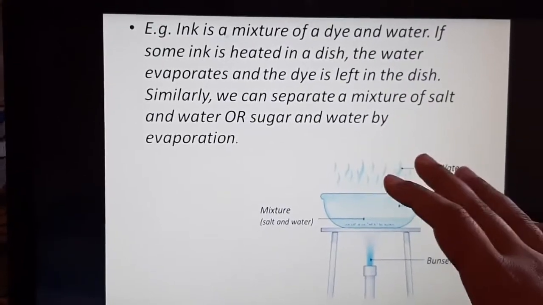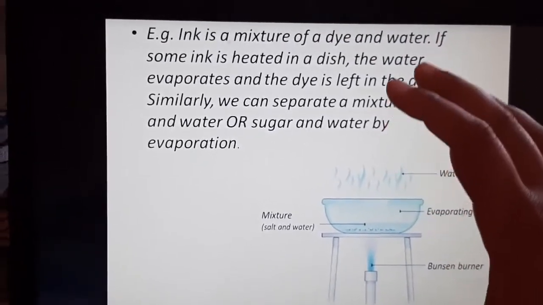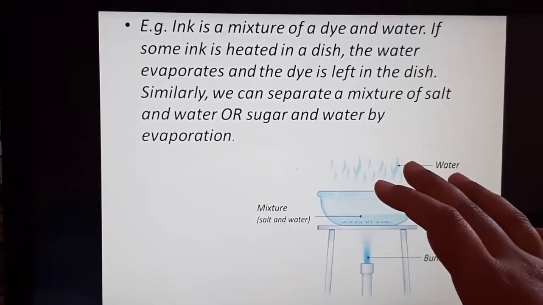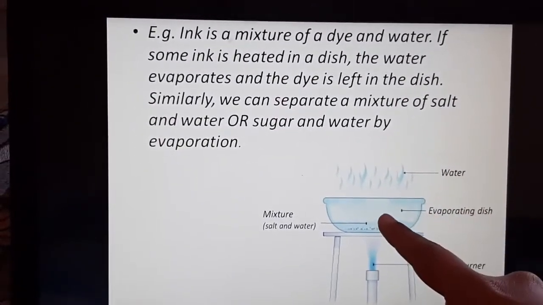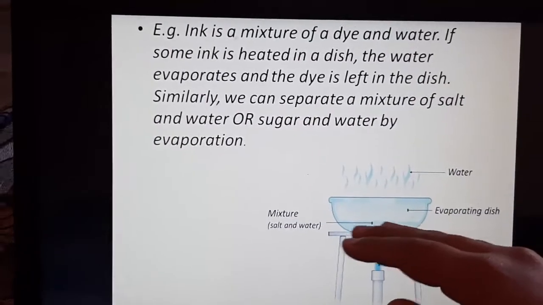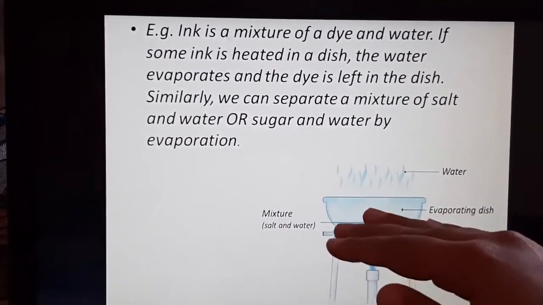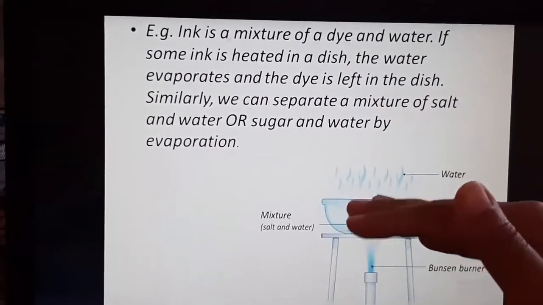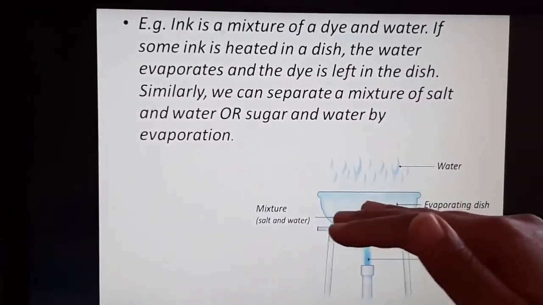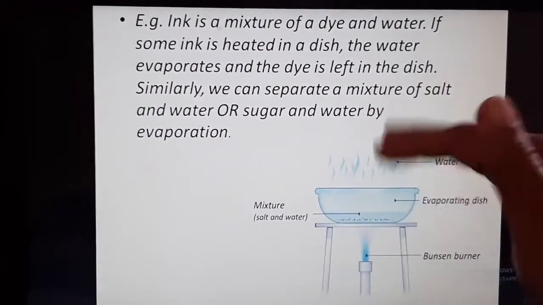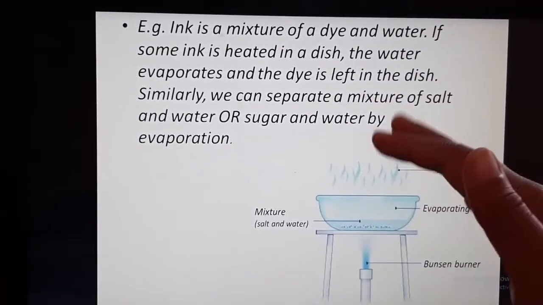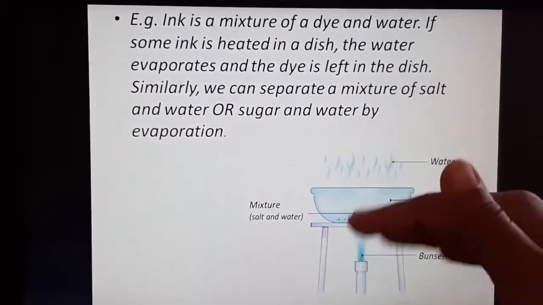Similarly, we can apply the same process, that is the evaporation process, for separating a mixture of salt and water, in which salt will settle at the bottom whereas the water will evaporate, or sugar and water, where sugar will settle in the china dish and water will evaporate, because that is a volatile component.